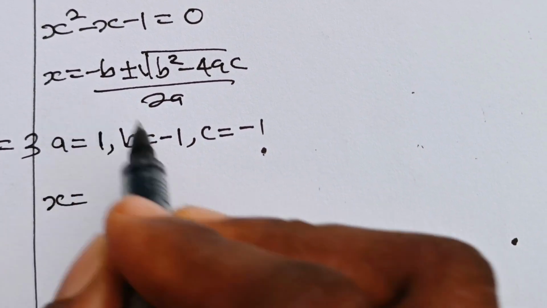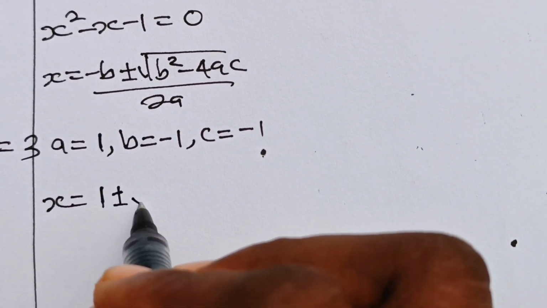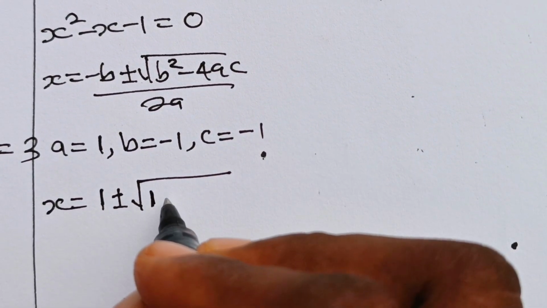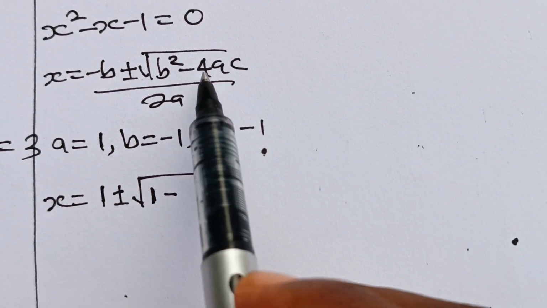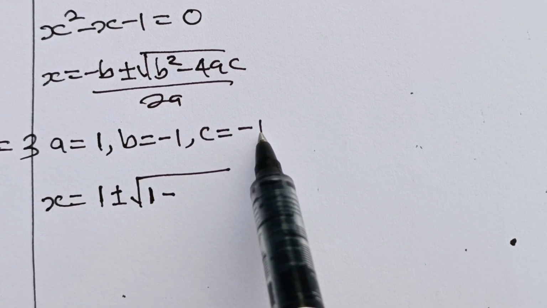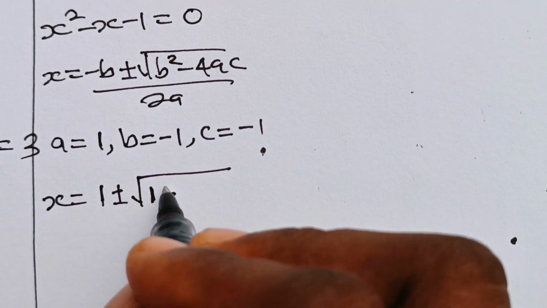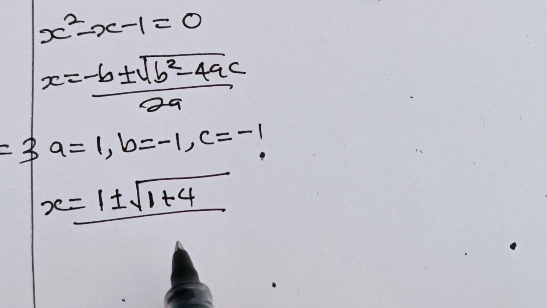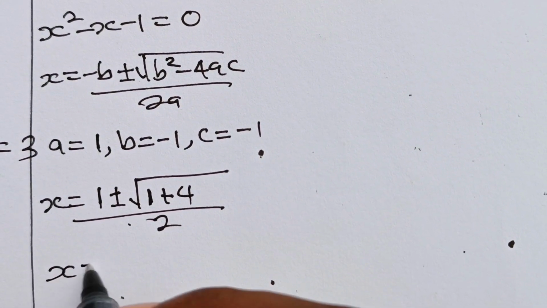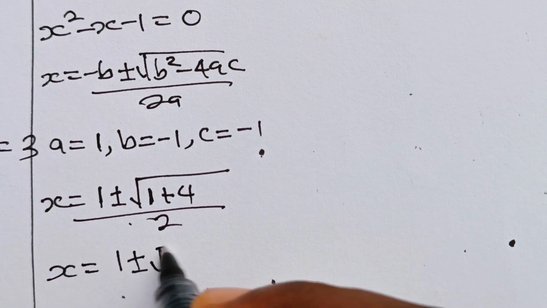So x is minus minus 1, which is 1, plus or minus square root of b squared, that is minus 1 squared, which is 1, minus 4ac, that is 4 times 1 times minus 1, which will give us minus 4. Minus minus is plus, so we have plus 4 here. Everything divided by 2a, that is 2 times 1, which is 2. So x is 1 plus or minus square root of 5.